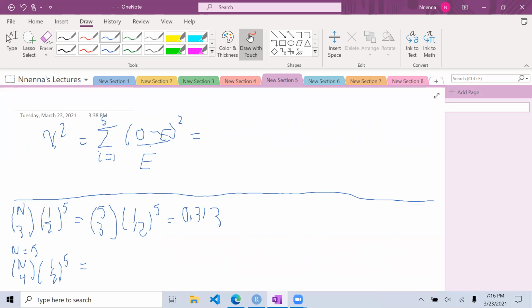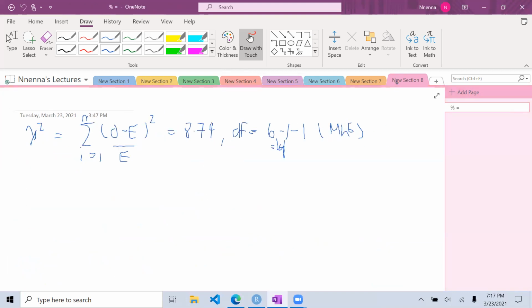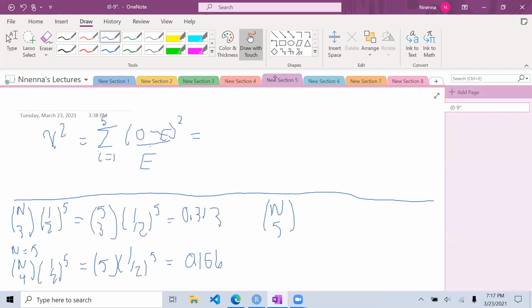Okay, so 5 choose 4 is the following: you end up getting 5 times 1/2 to the power 5, which I think we computed before, 0.156. And then when you take 5 choose 5, it's symmetrically the same thing as 5 choose 0. So we know it's 0.0313, right?